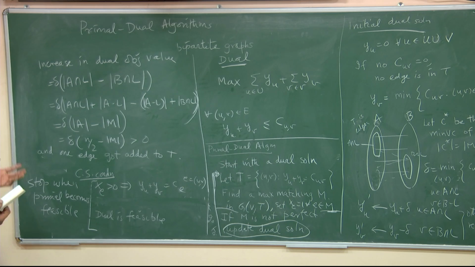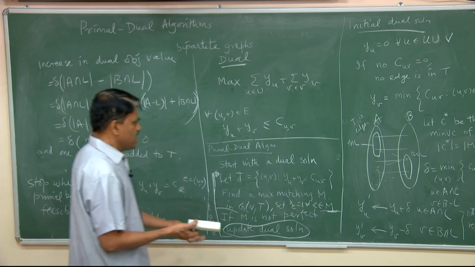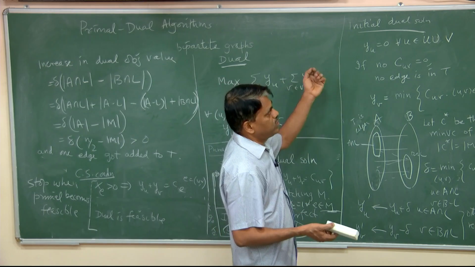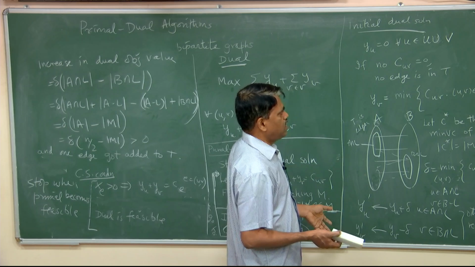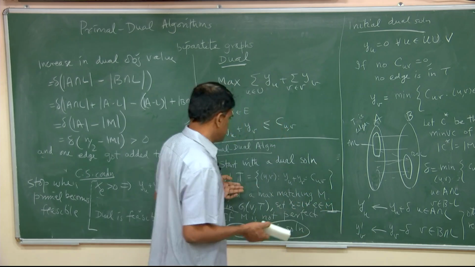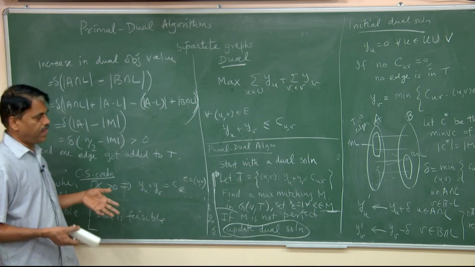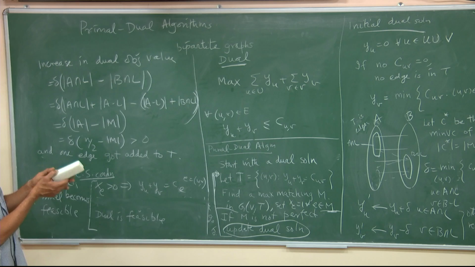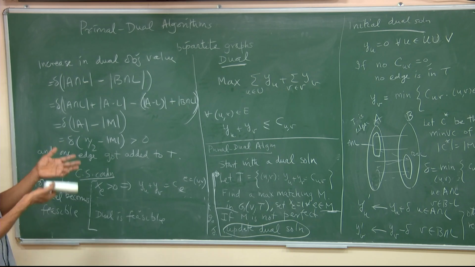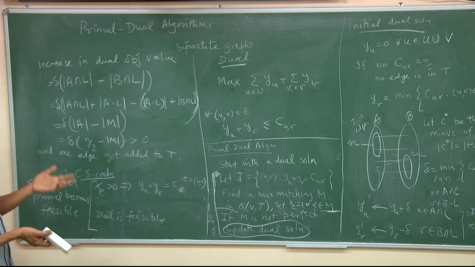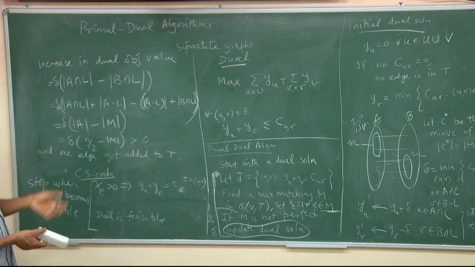Okay, so all we said is if M is not perfect, there is a way to update the dual solution and increase the size of T by at least 1. So this will stop in some order n iterations because T cannot go on forever.